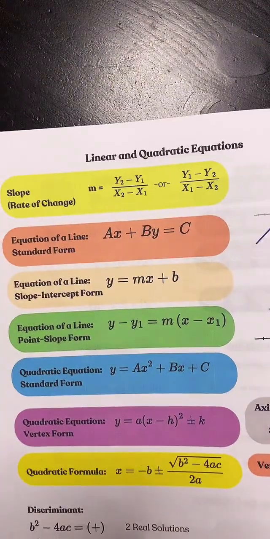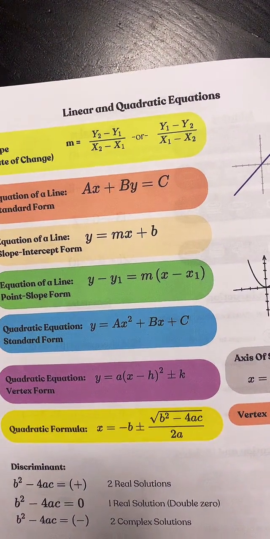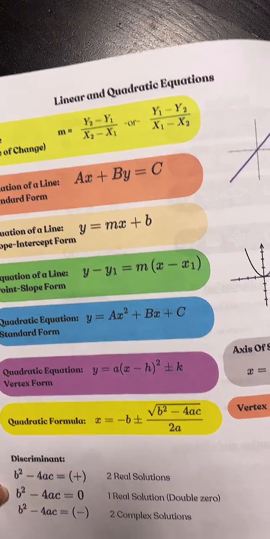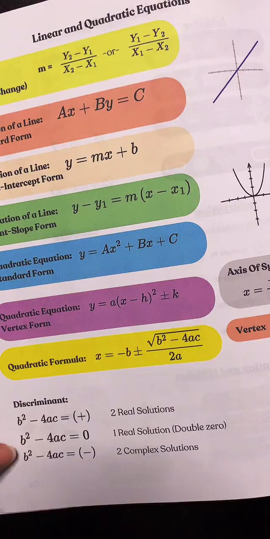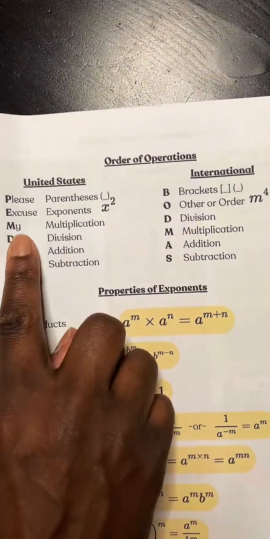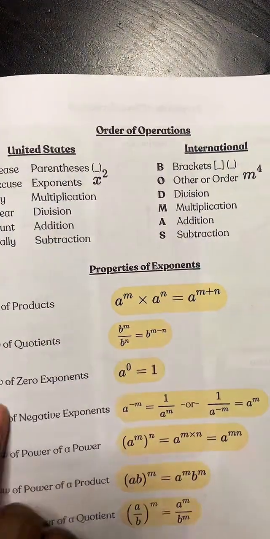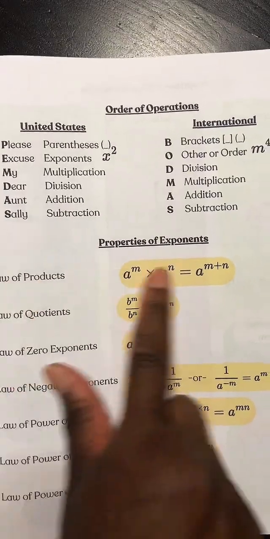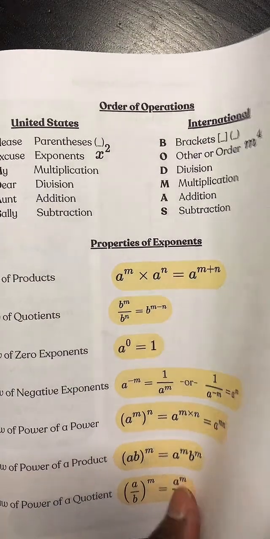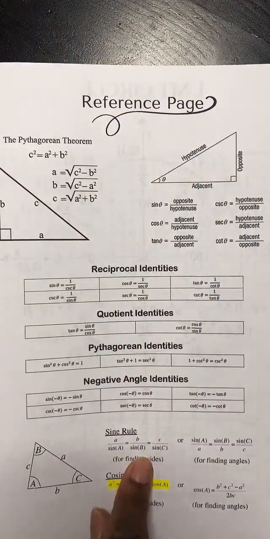We also have linear and quadratic equations, going from slope all the way to the quadratic equation standard form, vertex form, and the discriminant stuff that we were talking about earlier, as well as order of operations from the US as well as internationally. Then you have the properties of exponents, a little bit of geometry, a little bit of trig and some trig identities.